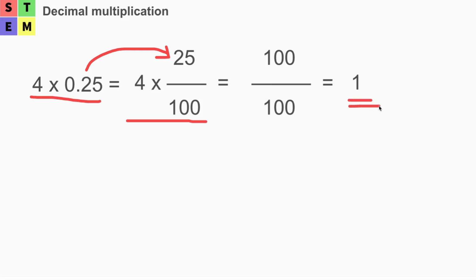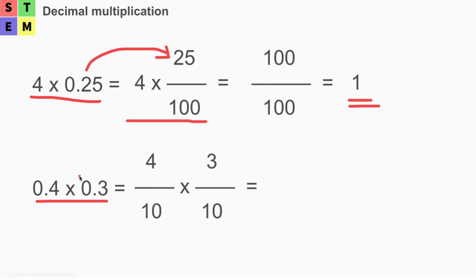Okay, so let's take a look at our second example. So that is 0.4 times 0.3. Okay, so how can we do that? 0.4 equals 4 over 10 and 0.3 equals 3 over 10.